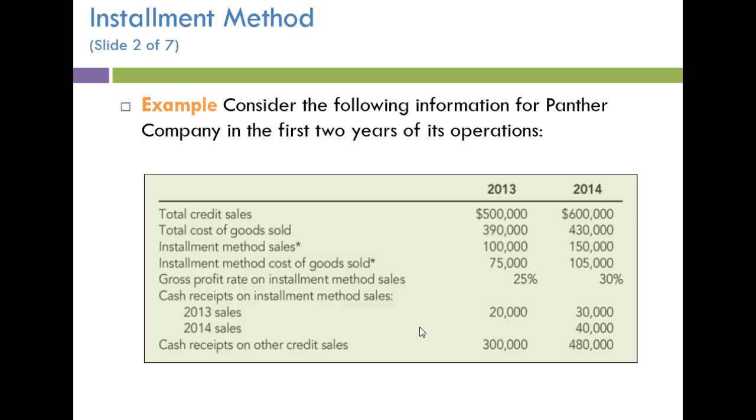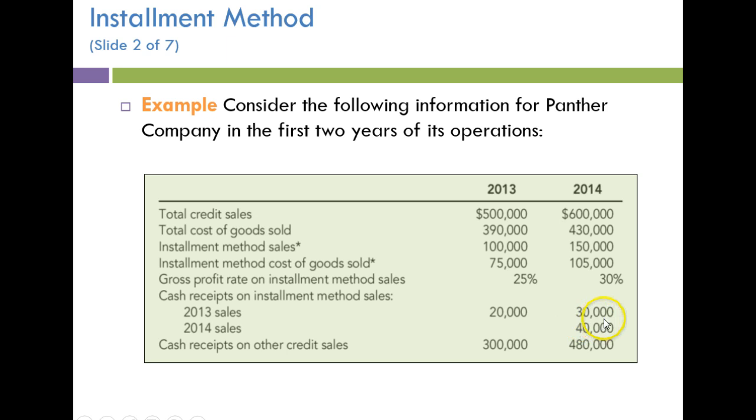So it shows you here cash receipts on installment sales in 2013, $20,000 they received, which again, the profit rate's going to be 25% on that. And then in 2014, they received money from that 2013 sale, which on 30,000 they're going to recognize the profit of 25%.